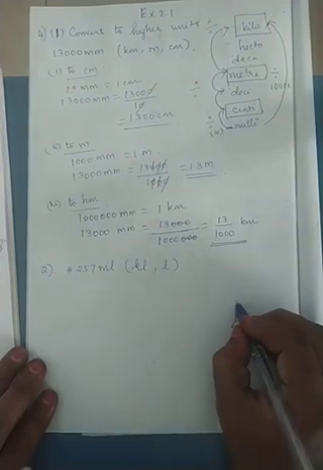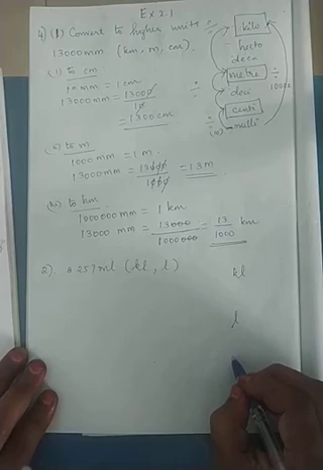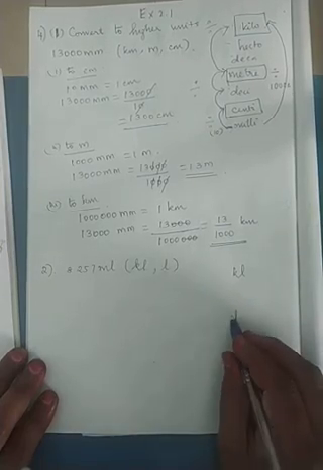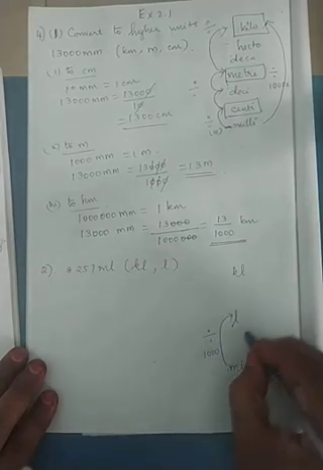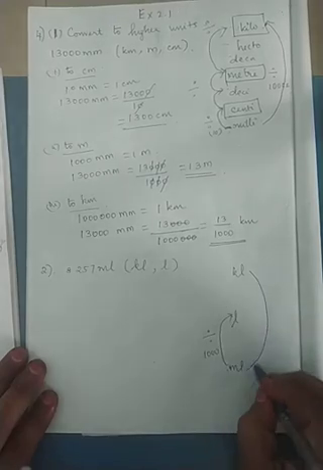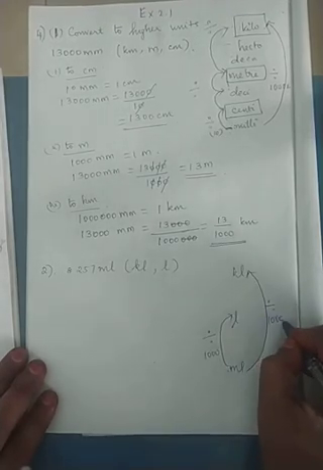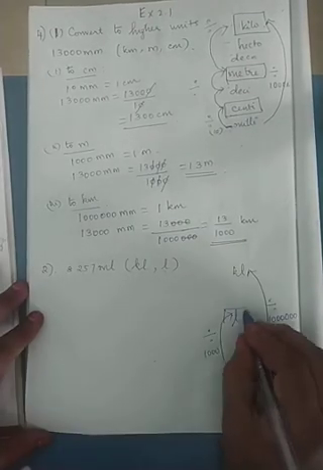From liter you have to go to kiloliter, and here there is milliliter. So from milliliter you have to convert to liter, so I have to divide by 1000, and from milliliter to kiloliter again I have to divide by 1000, then 6 zeros. So like this you write it. This will be the formula.